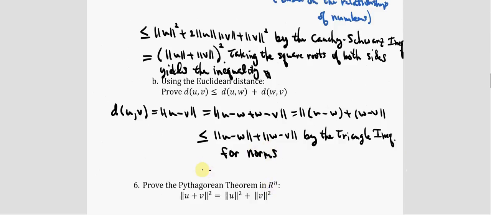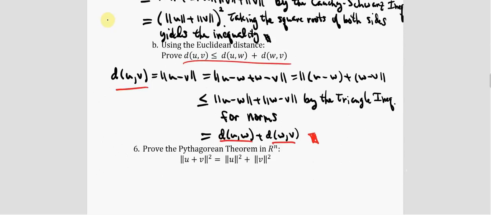And here, this statement is the same thing as the distance between u and w plus the distance between w and v, and thus we have proven the notion. And it's no more than a notion.